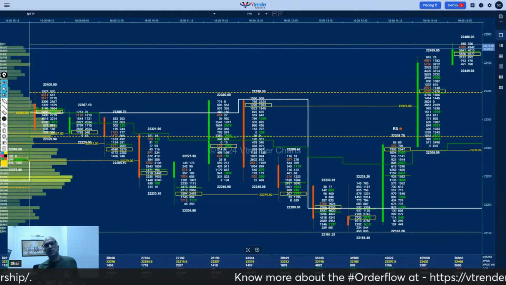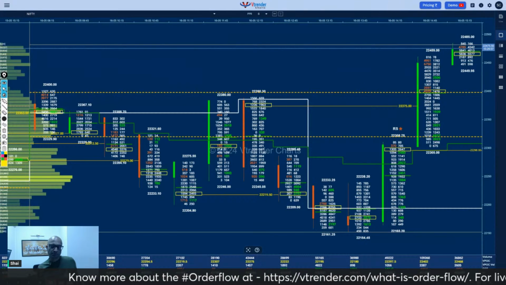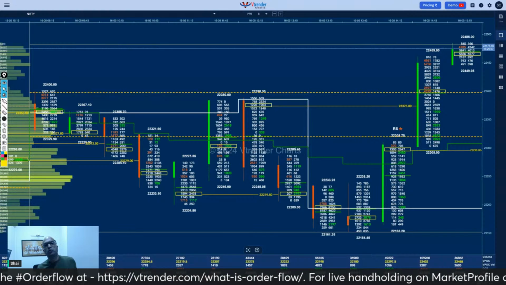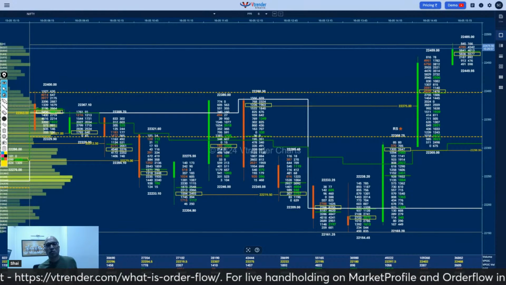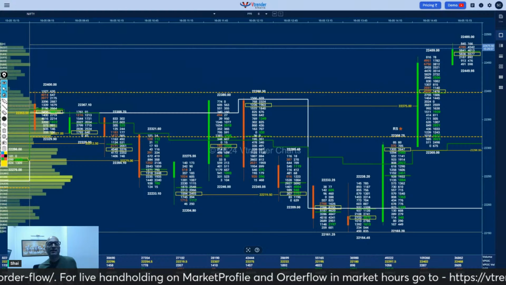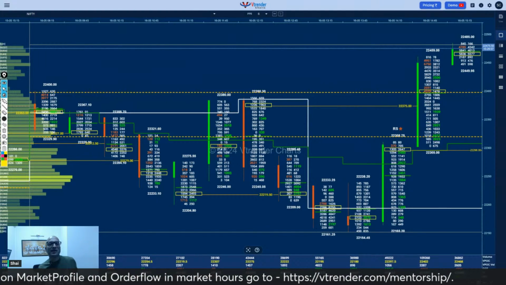The red is sellers, the green is buyers, and the white is the general volume of the market. We tend to ignore the white. We focus on the green, the role of buyers, and the red, the role of sellers in the market.